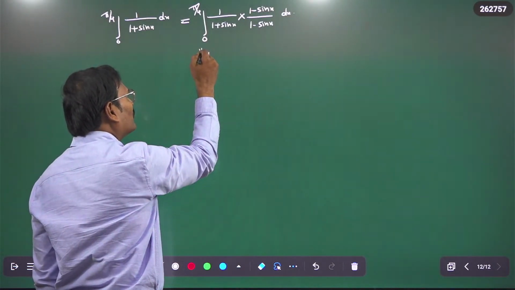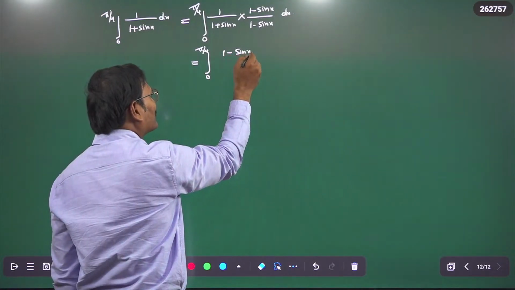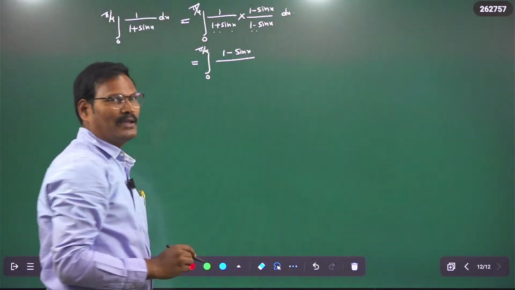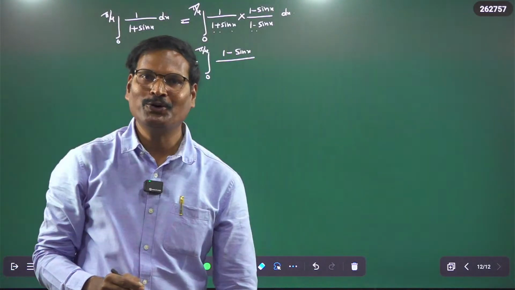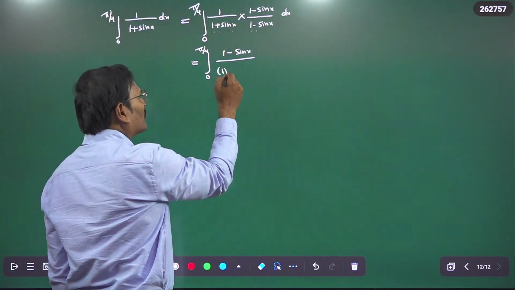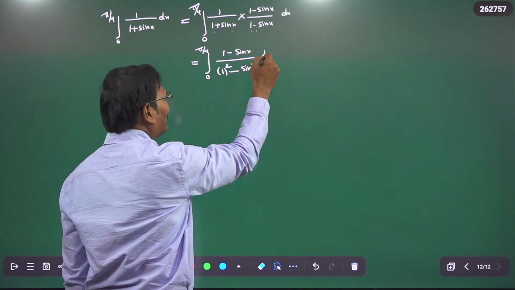Integral 0 to pi by 4, 1 minus sin x by (a plus b) into (a minus b). A plus b into a minus b is equal to a square minus b square. 1 square minus sin square x dx.